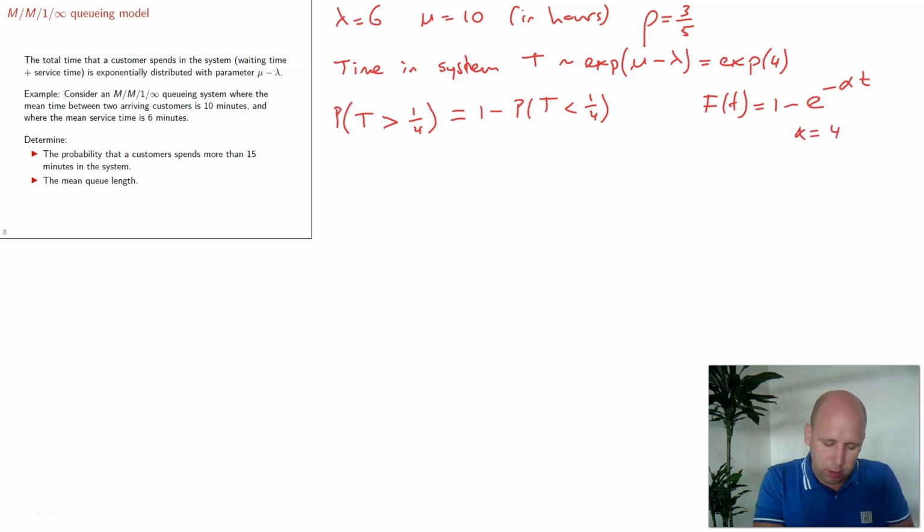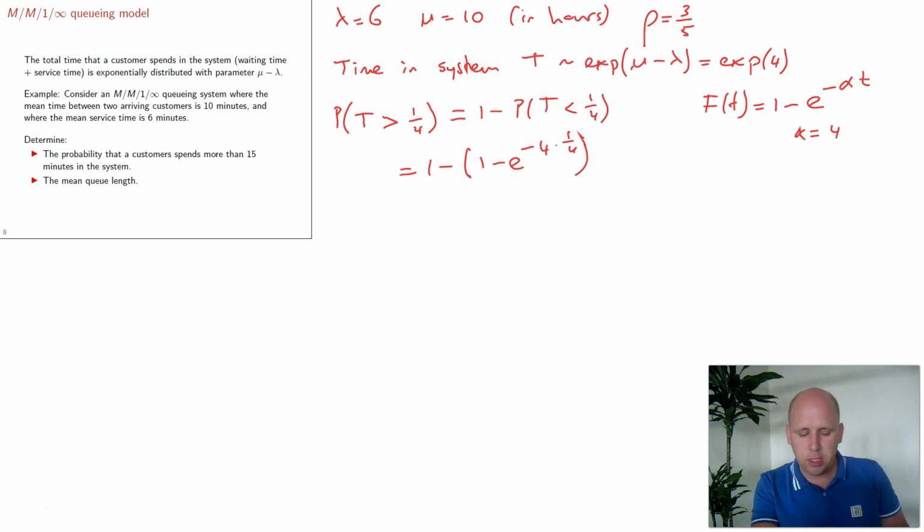So what we now get is the following. It's 1 minus the distribution function evaluated at the point 1 over 4, where the parameter alpha is 4. So then this is the probability that the time in the system is larger than 1 over 4. You see that we have 1 minus 1 that cancels out, and we have minus minus e, so that becomes plus e to the power minus 4 times 1 over 4, so that's just minus 1.